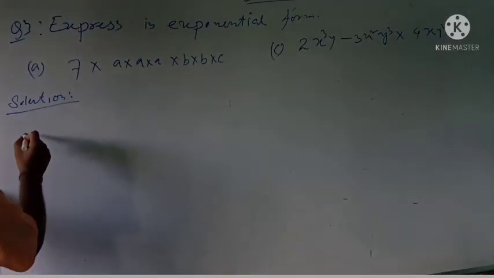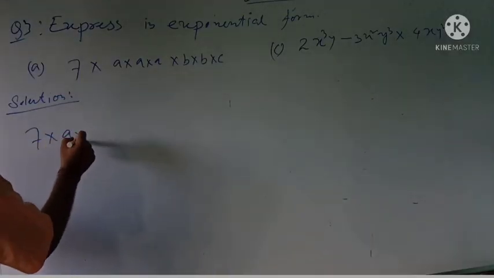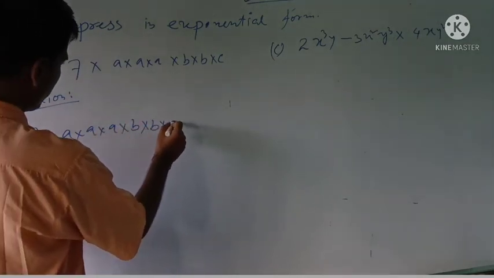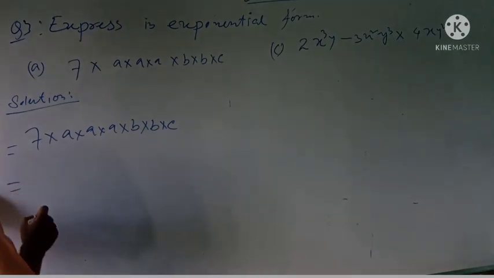Okay, solution C: 7 into a into a into a into b into b into c. See, it's very simple.